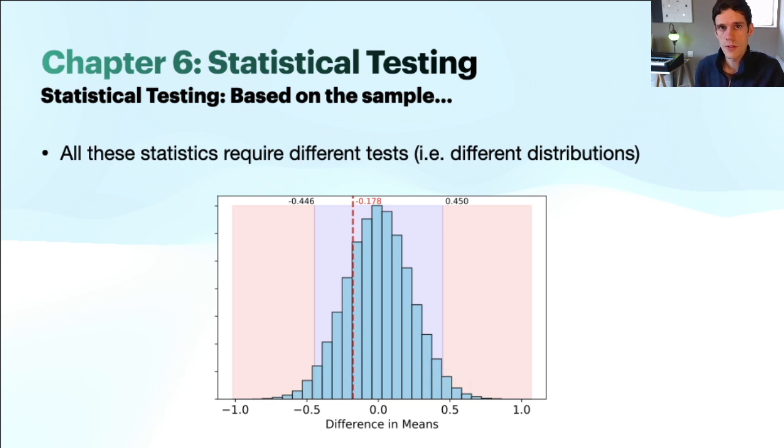But this specific distribution is only valid for the case where we compare the difference between sample means. If you, for instance, want to compare the difference in variances, then you would need a different distribution. So for each statistical test revolving around a different statistic that you want to investigate, you will need a different distribution.